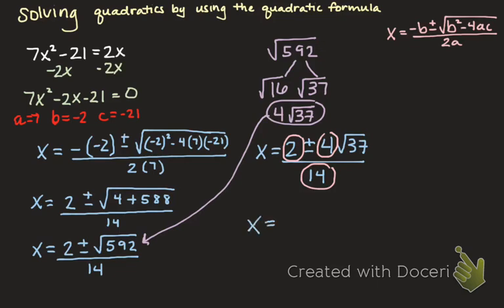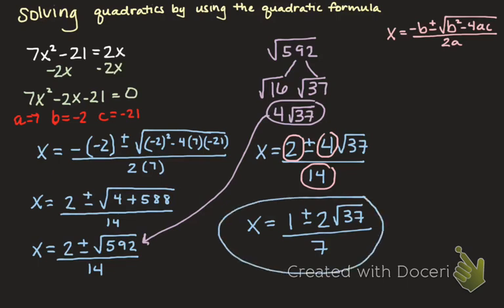So we have x equals 2 divided by 2 is 1, plus or minus 4 divided by 2 is 2. We keep that square root of 37, and it's all divided by 14 divided by 2 is 7. So our final answer is x equals 1 plus or minus 2 square roots of 37 all over 7.